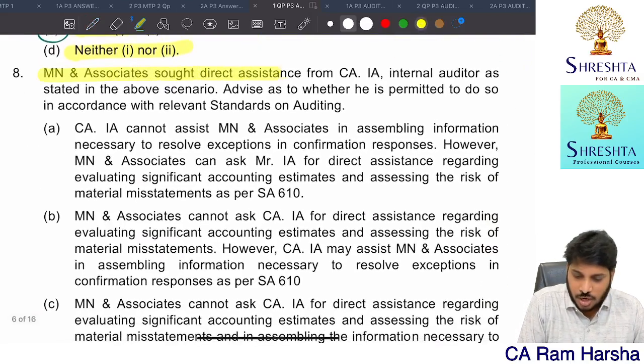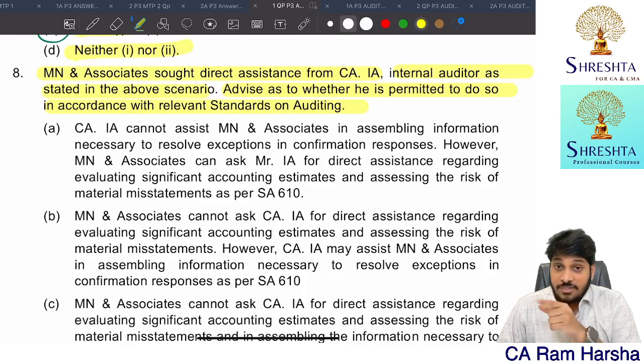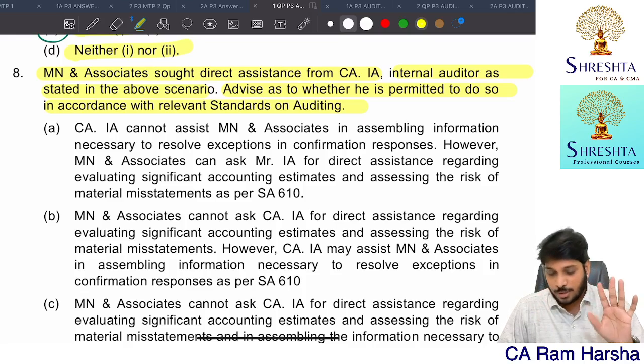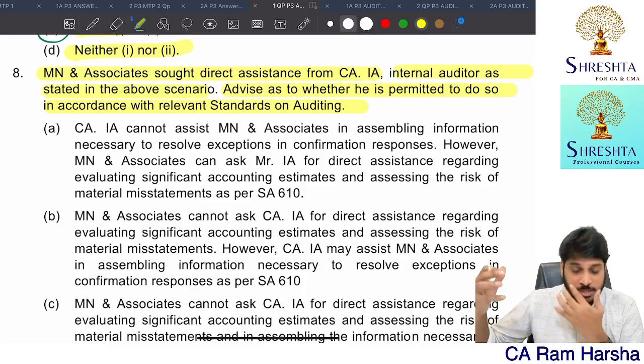M and Associates sought direct assistance from the internal auditor, and the internal auditor has stated in the above scenario, advice as to whether he is permitted to do so in accordance with relevant standards on auditing. Here he is asking direct assistance in significant assumptions and estimates. That is not permitted. However, he can take direct assistance related to resolving exceptions for external confirmation. That he can use.